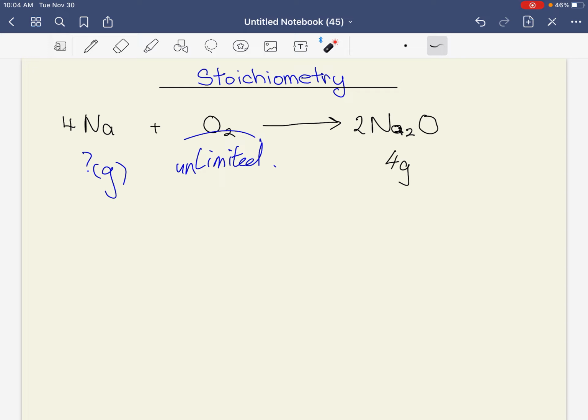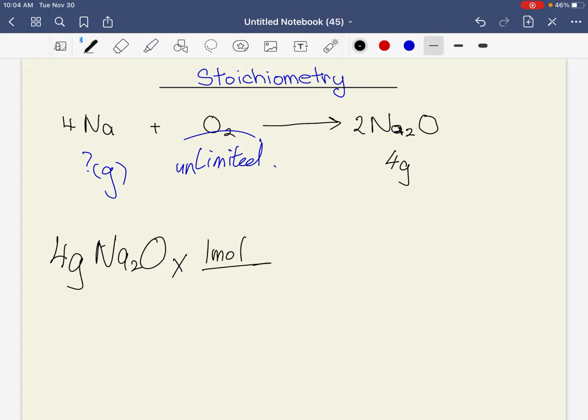Well, the idea is the same thing. So let's do this. I need 4 grams of sodium oxide. Let's change that to moles. For every mole, it's 62 grams.